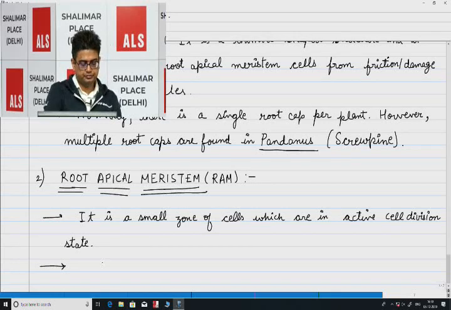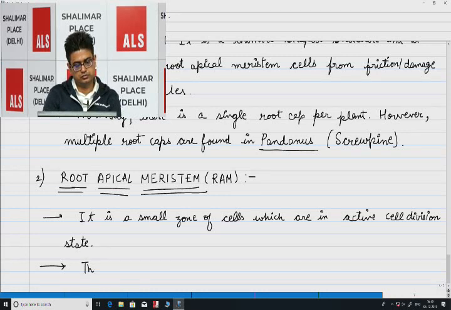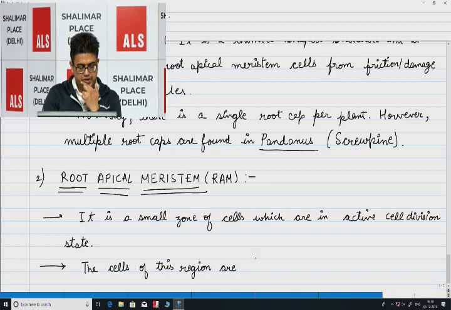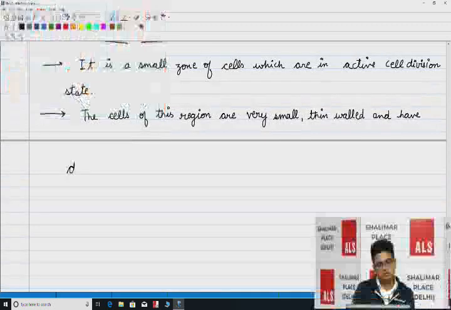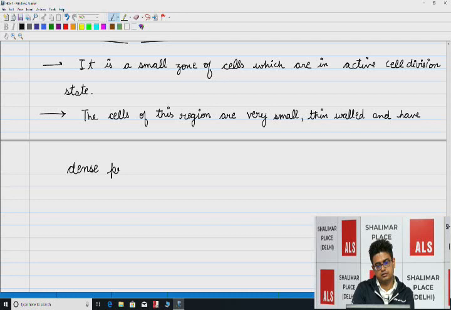You can say the cells of this zone or region are very small, thin walled and have dense protoplasm.